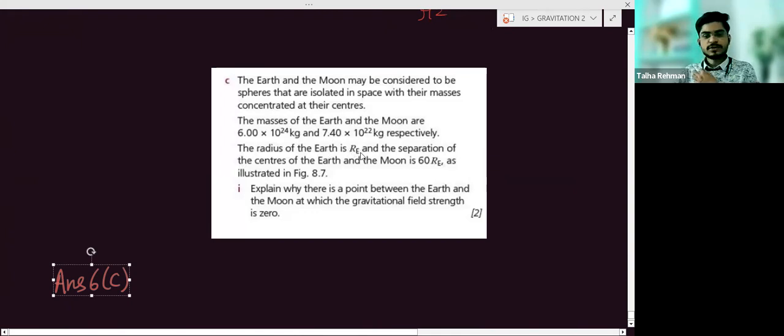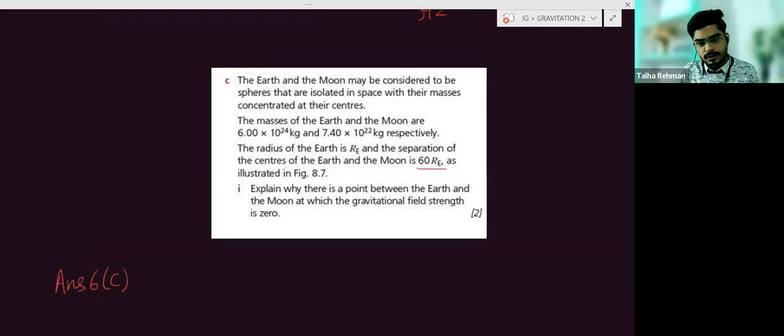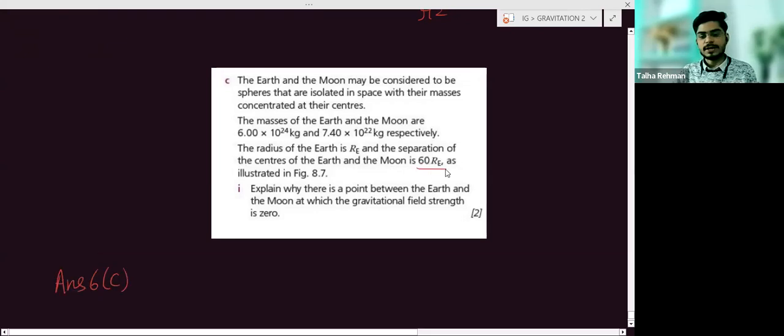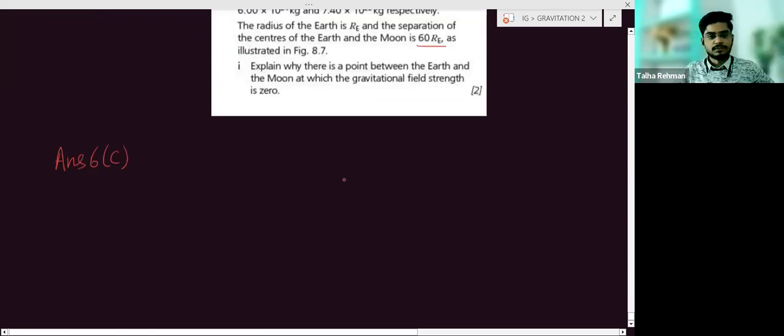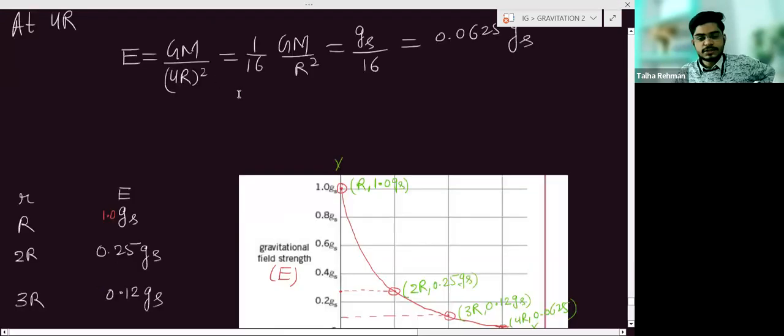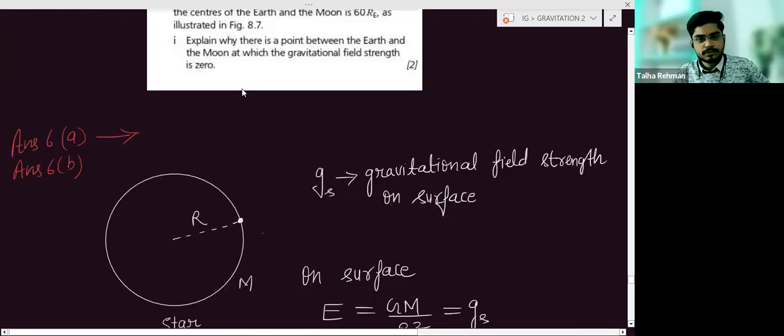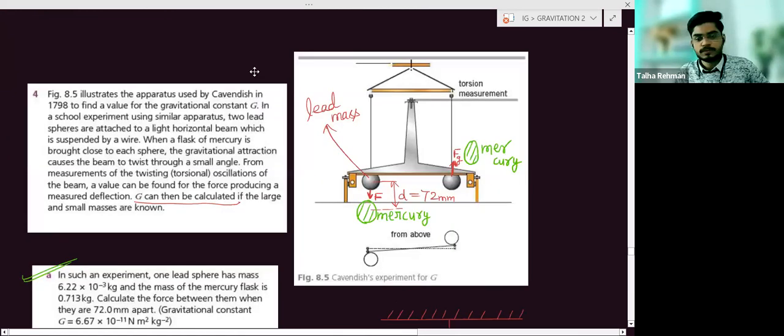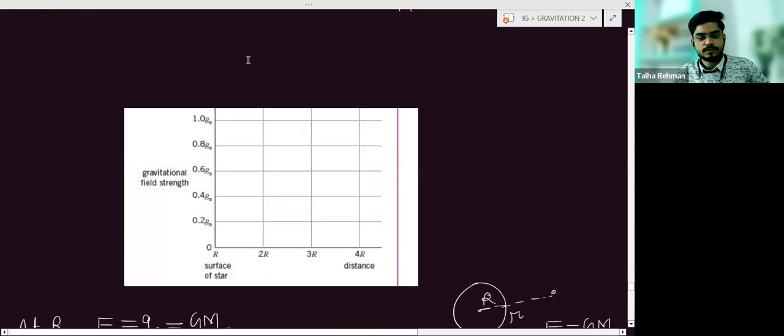The radius of the Earth is RE, and the separation of centers of Earth and the Moon is 60 RE. So this figure is given in the question.